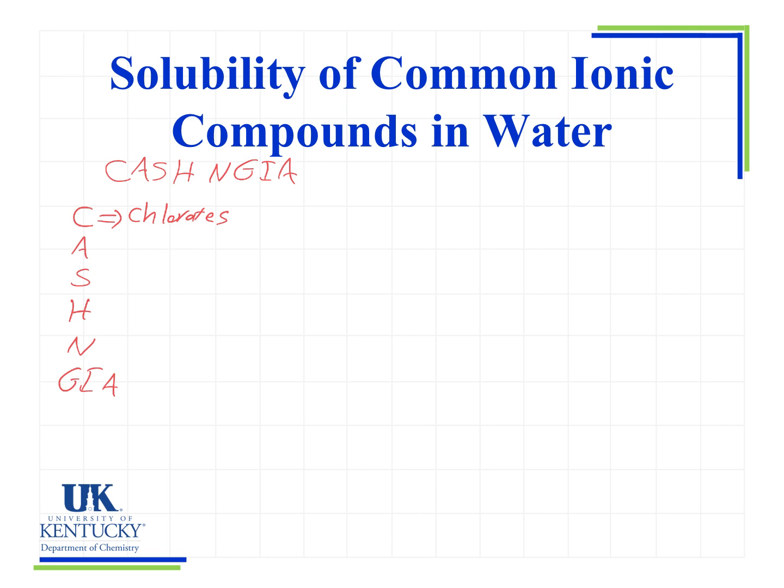All chlorates are soluble. A is for acetate and ammonium salts. All acetate and ammonium salts are soluble.